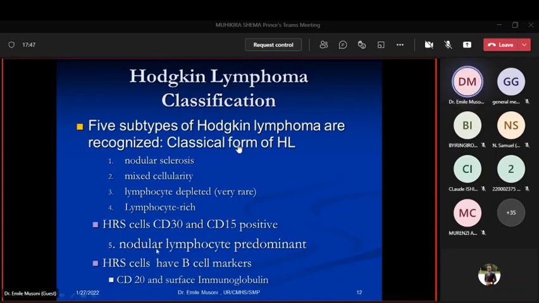The fifth subtype is nodular lymphocyte predominant. And what you must know, all Hodgkin lymphomas are B cells, not T cells. This is why they are positive for CD20.